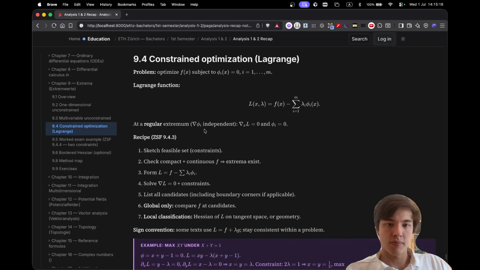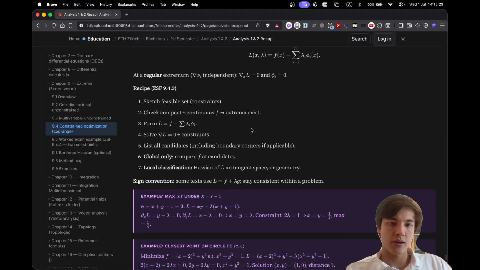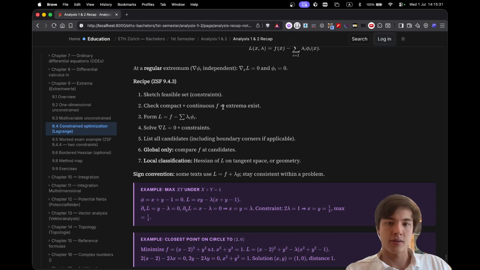Regular extremum. This one must be equal to 0. So sketch feasible sets, check compact and continuous, then extreme exists, then we can create the form. Then we solve for that. List the constraints, list all candidates.